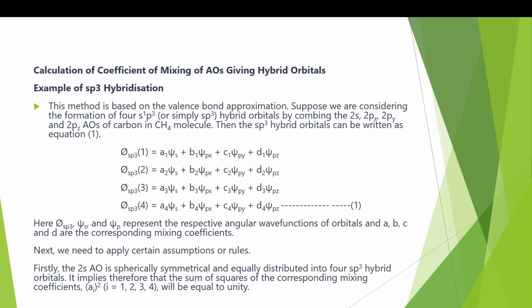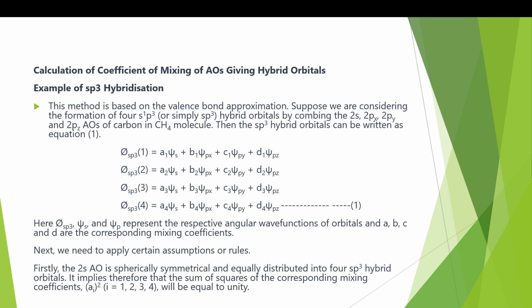In this case, ψsp3 represents the hybrid orbital, whereas ψs and ψp represent the respective angular wave functions of the atomic orbitals, and the multiplier factors a, b, c, d, etc. are the corresponding mixing coefficients. Now how to solve it? We need to apply certain assumptions or rules.